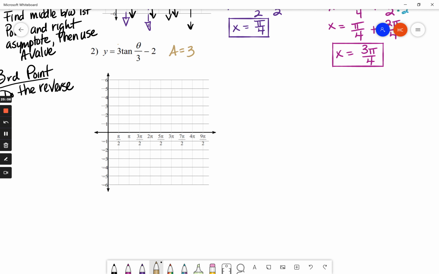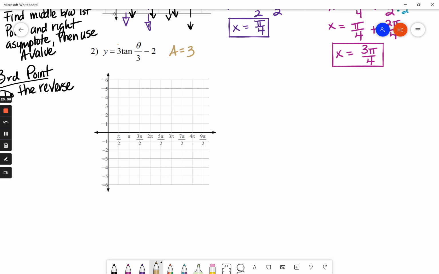So x equals your initial asymptote, which was 3 pi over 2, which is the previous answer, plus the length of my period, which in this case is 3 pi. And again, we need to get common denominators. So x equals, the common denominator is going to be a 2.